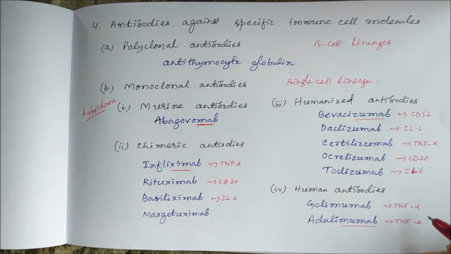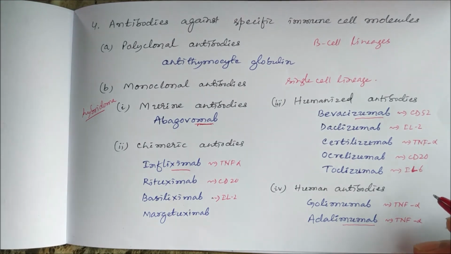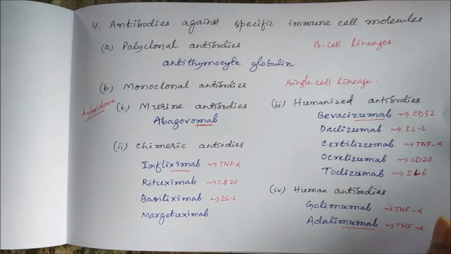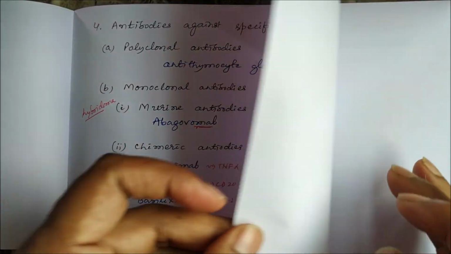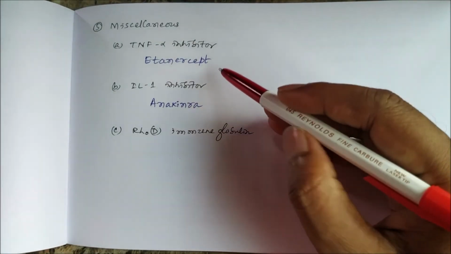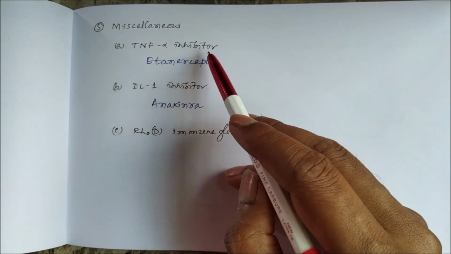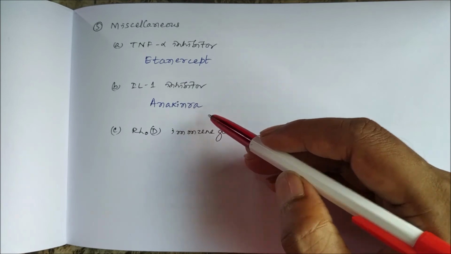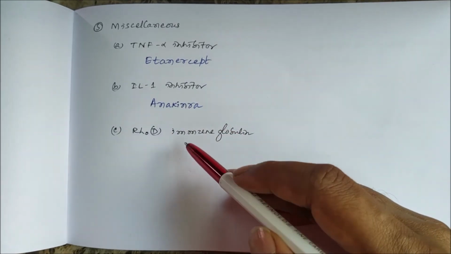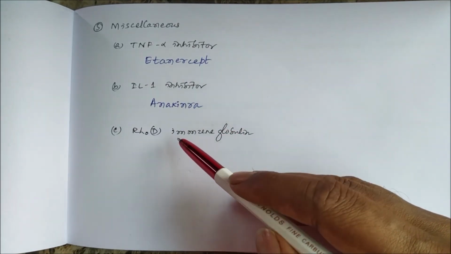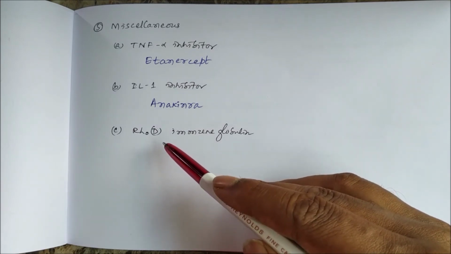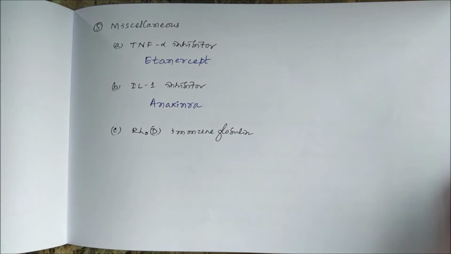So in this way all these immunosuppressants can be used. And then some other drugs are there, like the TNF alpha inhibitor etanercept, the interleukin 1 inhibitor anakinra, and the specific antibody against D antigen, that is RhD immunoglobulin.